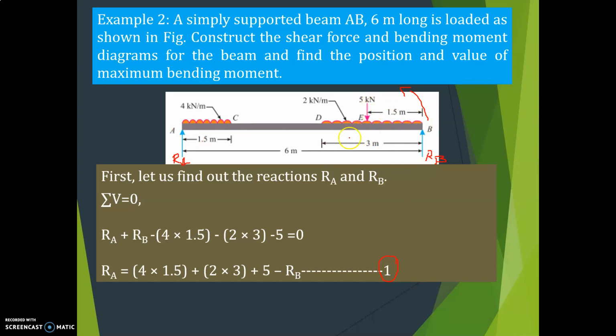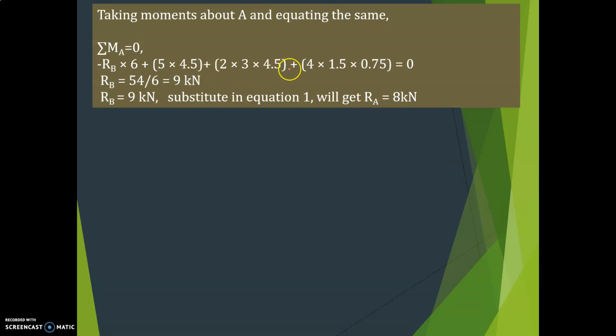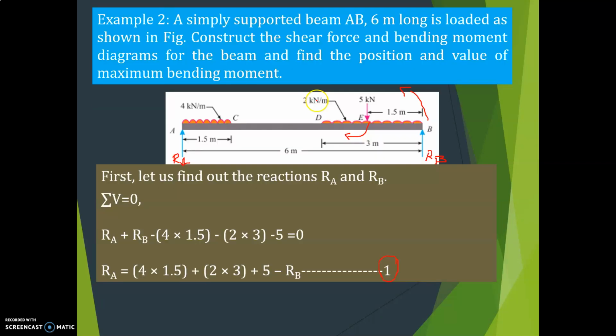Next is this 5 kilonewton. It moves like this, so that is clockwise. 5 into this distance. Total is 6, 6 minus 1.5 is 4.5. So it is 5 into 4.5.